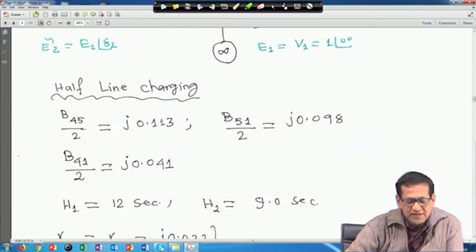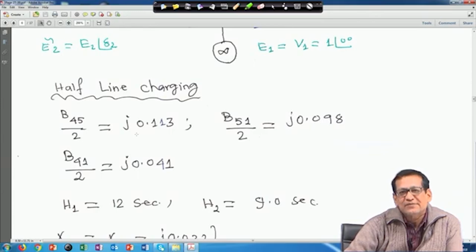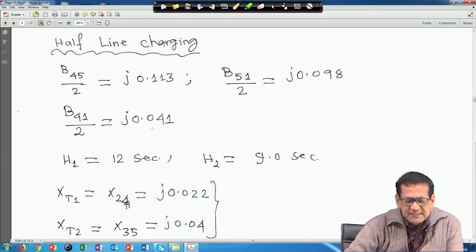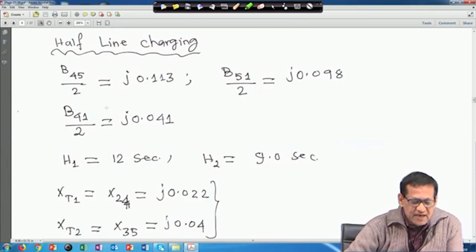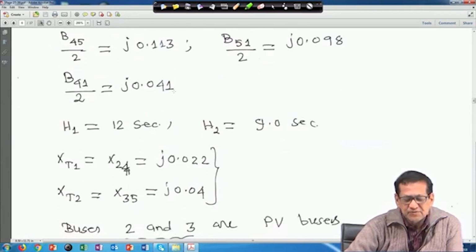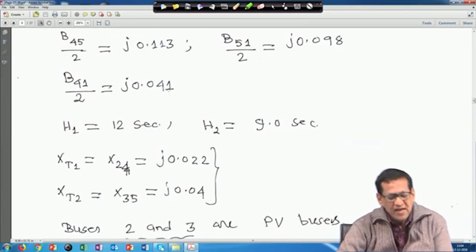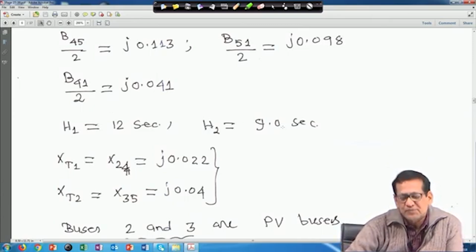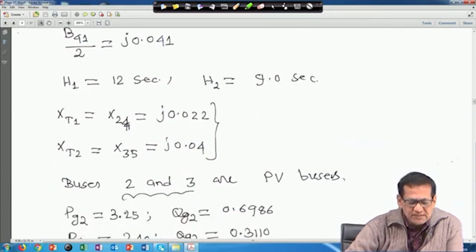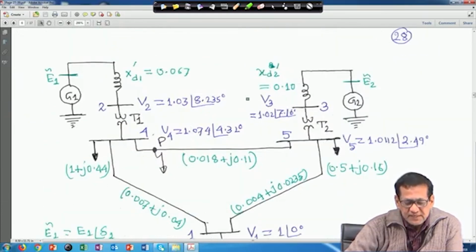B45 by 2, that is the charging susceptance, is j0.113, half B51 is j0.098, and half B41 is j0.041, because we take half. Then H1 is 12 seconds and H2 is 9 seconds, the inertia of the two machines, 1 and 2. And for the transformer, XT1, that is nothing but X24, it is j0.022.